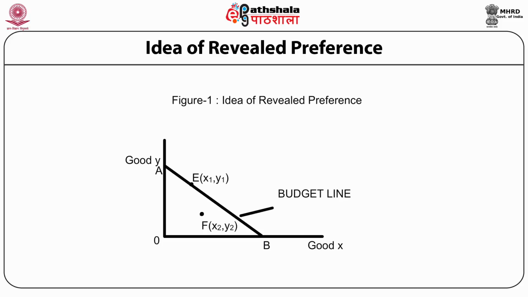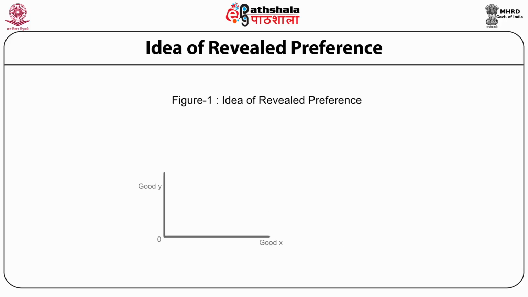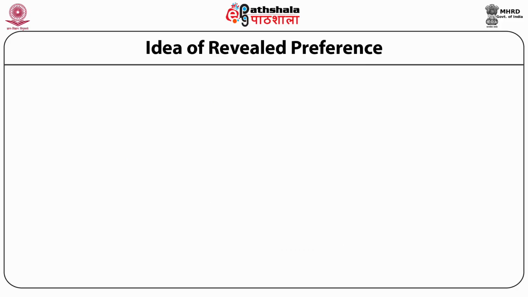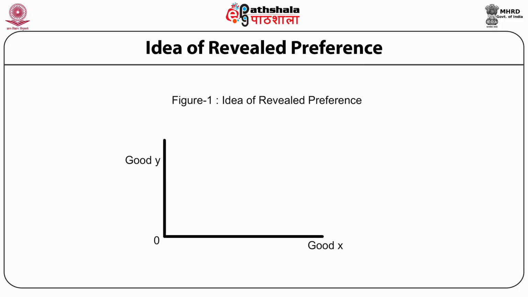In this case, we say that the bundle X1, Y1, or point E that the consumer is choosing, this point E that the consumer chooses, is revealed preferred to any other bundle that was available to him at that budget.